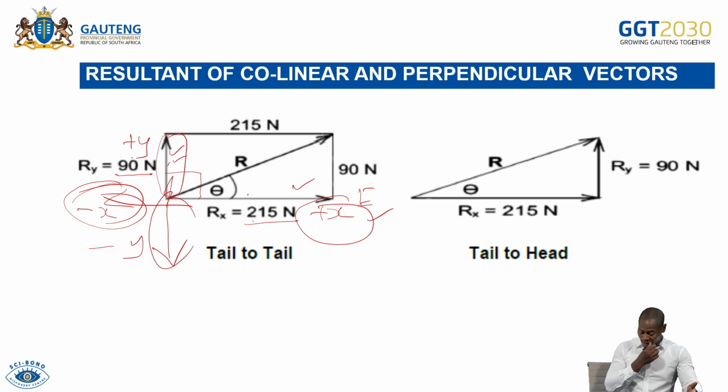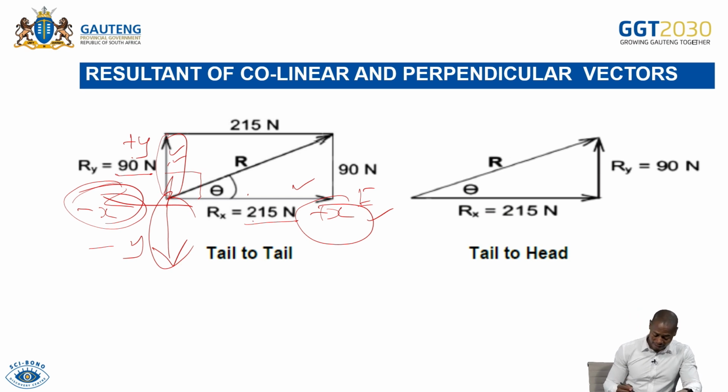So if forces are perpendicular to each other and you want their resultant, how are you going to get their resultant? Very, very important. You did maths, right? And your maths is good. You still remember the theorem of Pythagoras. So for forces or vectors that are perpendicular to each other, to get their resultant, we use Pythagoras theorem.